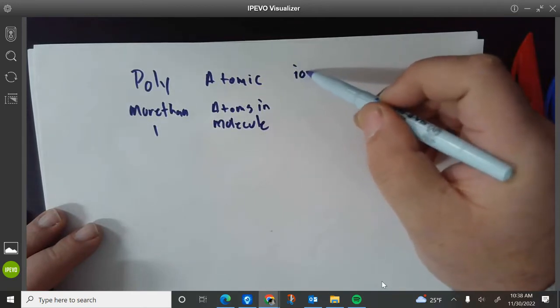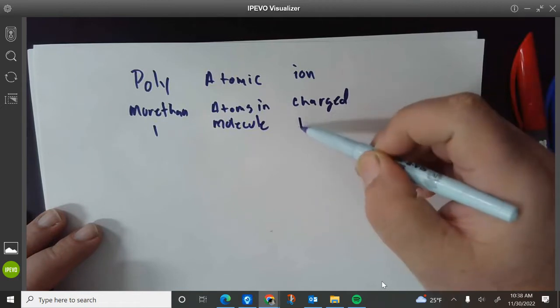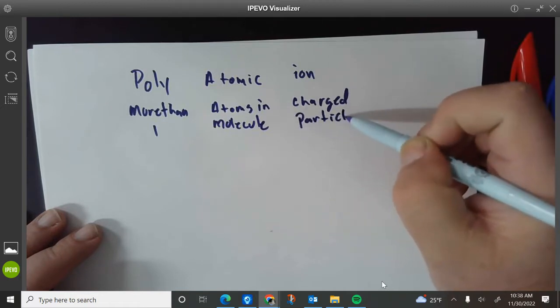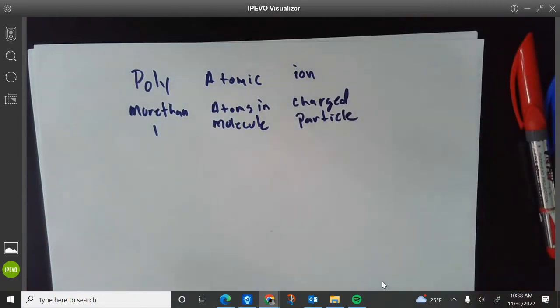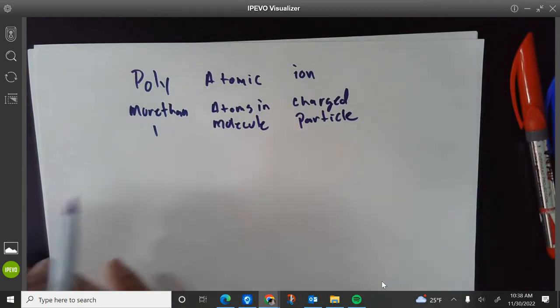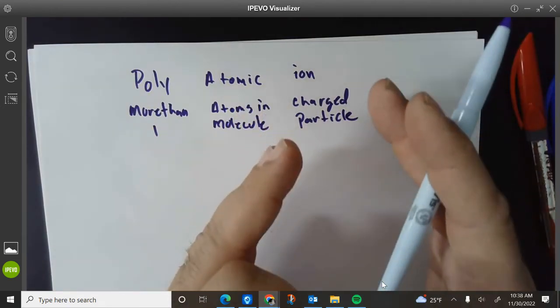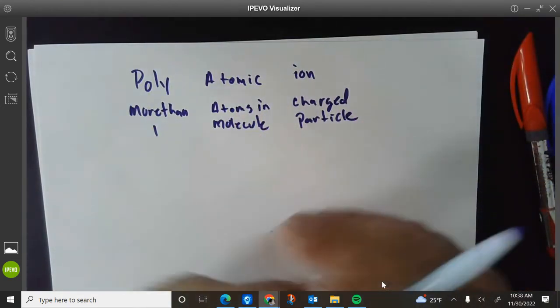And then we said ion, which is a charged particle. So every time we say polyatomic ion, we're saying more than one atom in a molecular formula that is in an ion form. It is a charged particle.